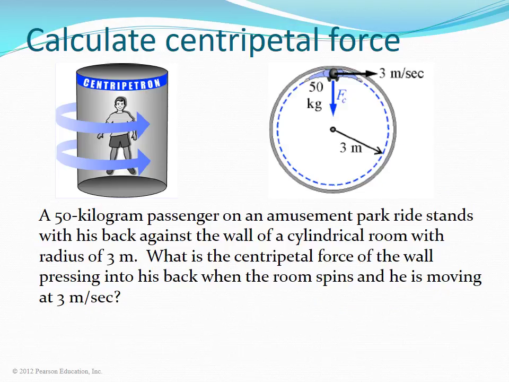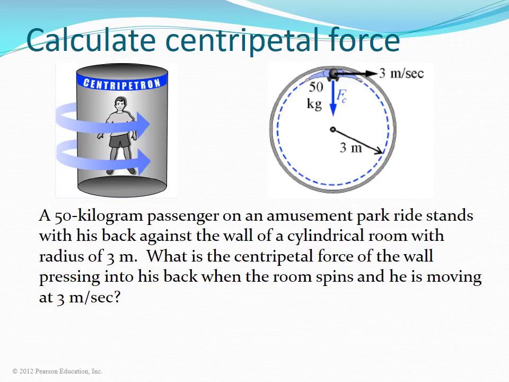A 50-kilogram passenger on an amusement park ride stands with his back against the wall of a cylindrical room with a radius of 3 meters. What is the centripetal force of the wall pressing into his back when the room spins and he is moving at 3 meters per second? You are asked to find the centripetal force. You are given the radius, mass, and linear speed.